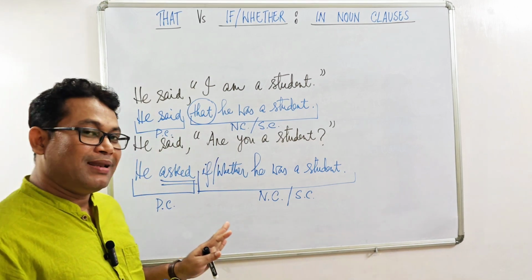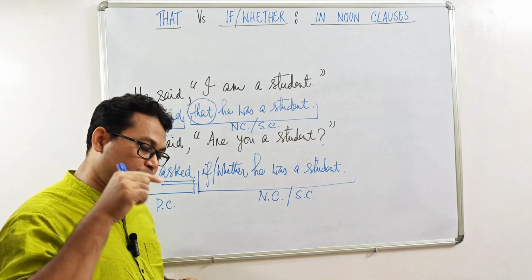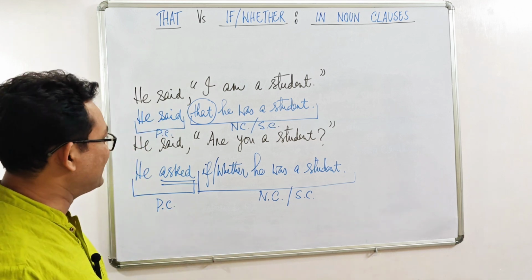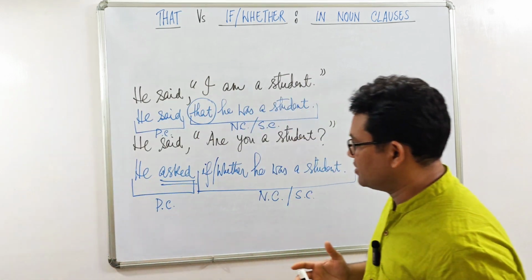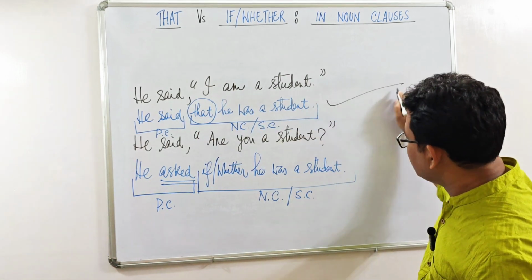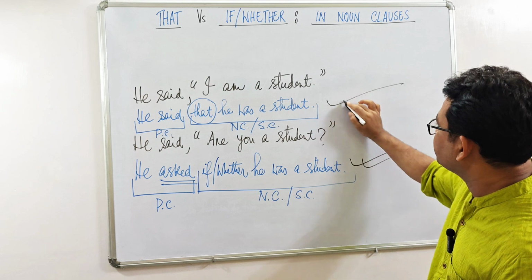All right. Now let us try to understand or get into the root of the explanation or the logic, and that is, remember, if we frame a complex sentence, now this is the complex sentence, this is again a complex sentence.